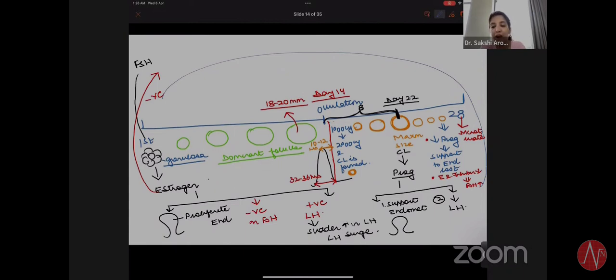So if I ask you कि what is the lifespan of corpus luteum in a non-pregnant female? Day 14 पे corpus luteum बना and day 28 पे तो shed हो भी गया, corpus luteum degenerate भी हो गया and endometrium भी shed हो गई. So if I ask you what is the lifespan of corpus luteum in a non-pregnant female?